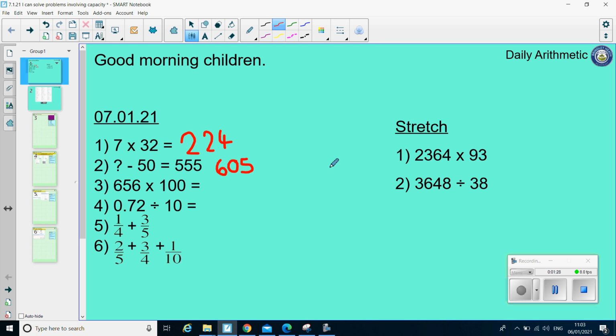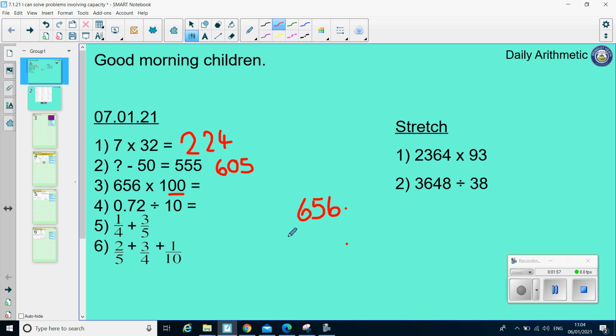Question 3, we've got 656 times by 100. If you remember, when we're multiplying by 100, we have to move the digits 2 places. And again, the reason that we're moving the digits 2 places is because 100 has got 2 zeros in it. So I'm taking my number 656. Think about where my decimal point is. That goes after the number 656. And then I'm going to move my digits 2 places.